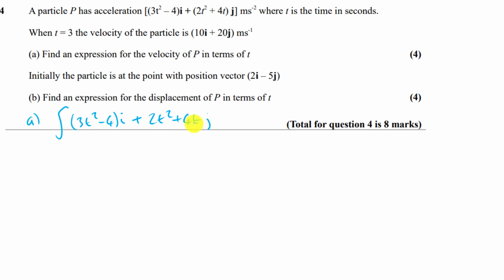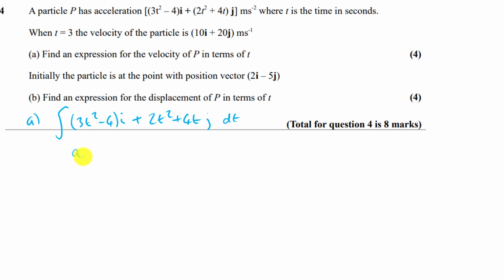Now that is in respect to t, so it is the velocity with respect to dt. Okay, so we integrate. So integrating, you increase the power by 1, then divide by the new power.